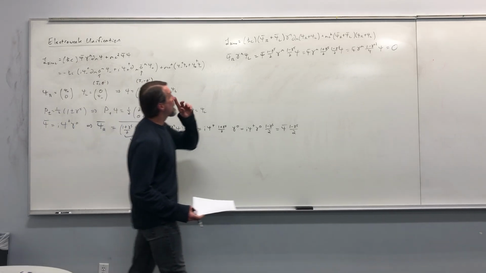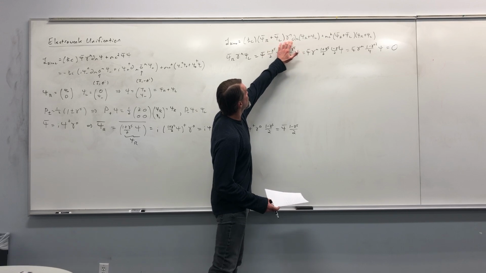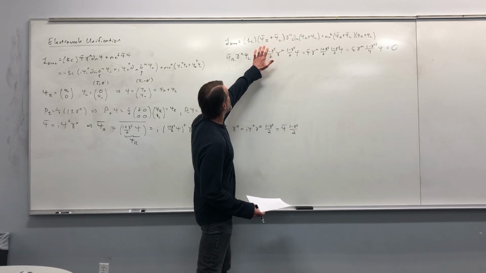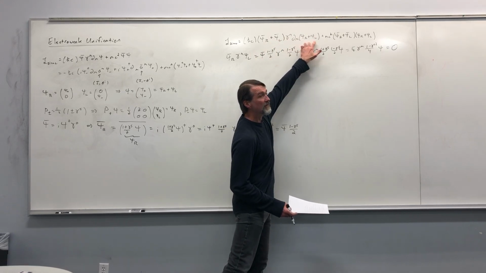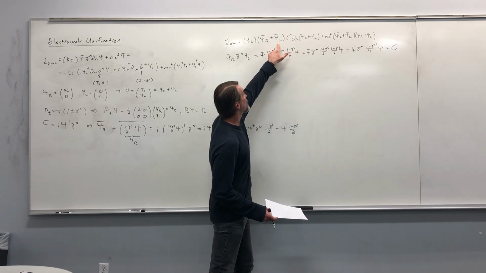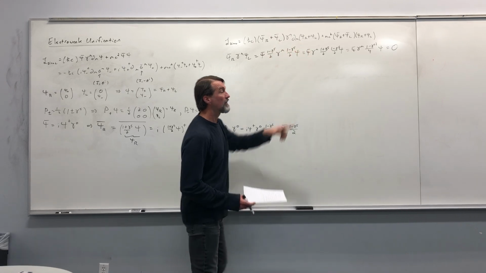So it turns out that in expanding this kinetic term, mixing psi right with psi left is always going to give me 0. And similarly, psi bar left with psi right.